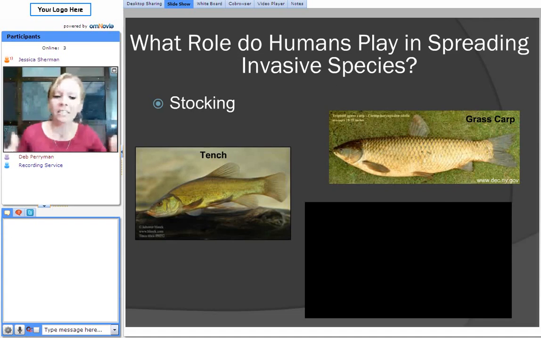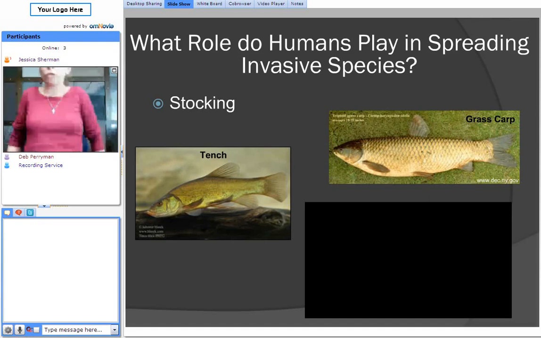Okay, so stocking of fish, and oftentimes there's other species that are brought in to control an invasive species. So there was a case with the emerald ash borer. They were debating on introducing a wasp called an ichneumon wasp from Asia in order to try to control invasive emerald ash borer.